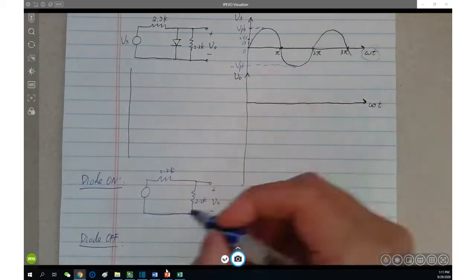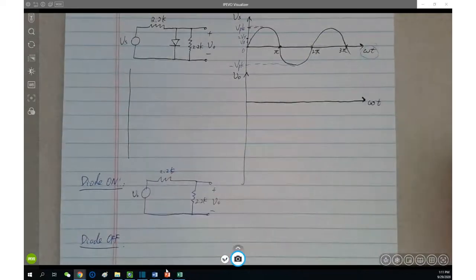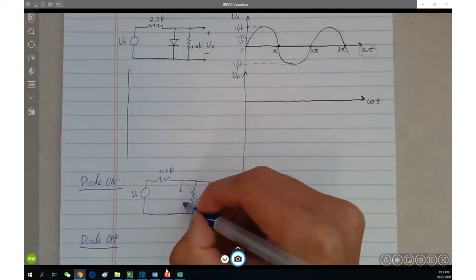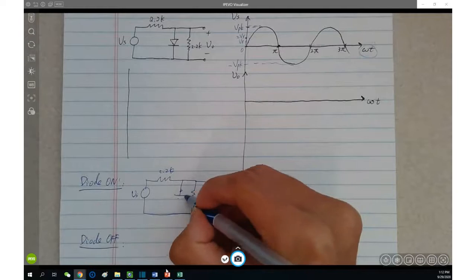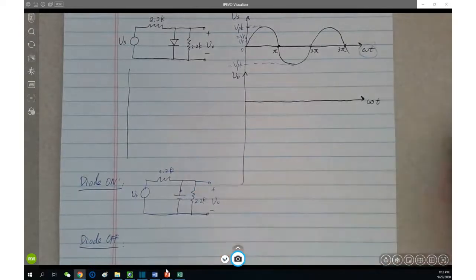This is the diode on circuit, which means we apply the large signal model.